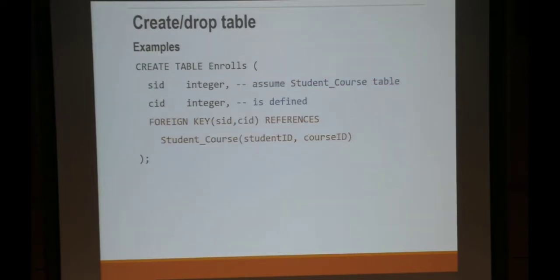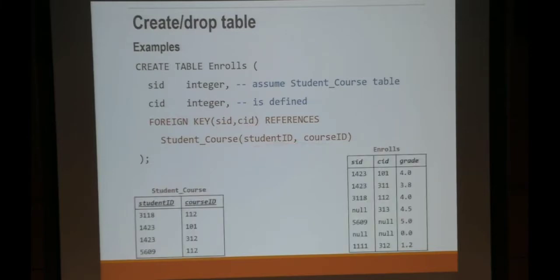And this is how you specify that. This pair must reference this particular pair from the student course table. So assume that there is a table called student course. So you have a pair referencing another pair. And this gives us more leeway in specifying the reference relation.